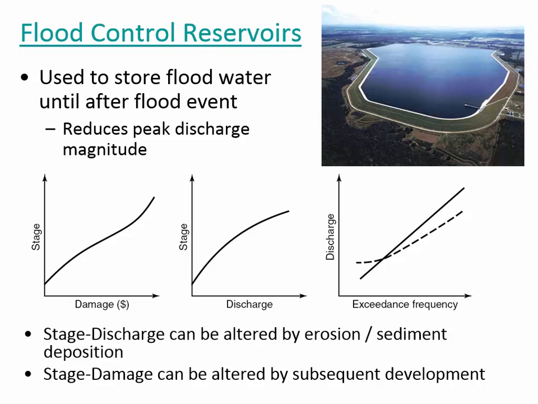putting this in isn't going to mean that people don't continue to build expensive things downstream. So even though maybe you're fixing this issue, over time, land just gets more and more developed because populations are growing and people are spreading out to the suburbs. Like here in Huntington, the trend is for people to live in the suburbs.